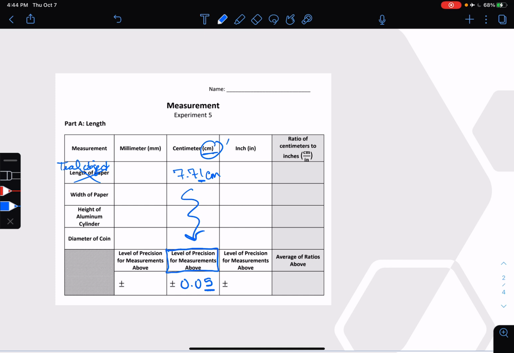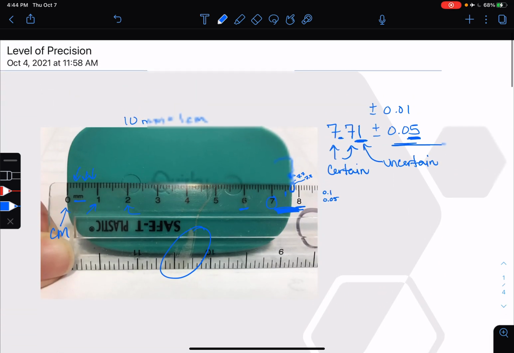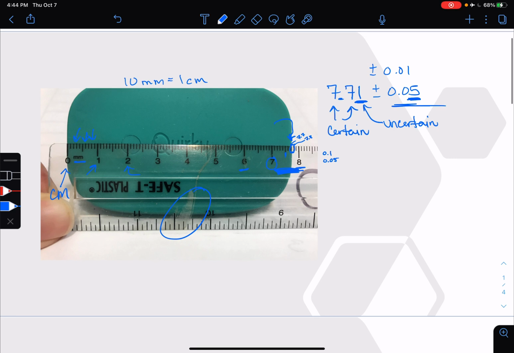All right, so how would we write that on a quiz or a test so we got full points? Well, we would have to remember to go ahead and put centimeters on the end. So we would have 7.71 plus or minus 0.05 centimeters on that one. Now, how about we read it in millimeters?